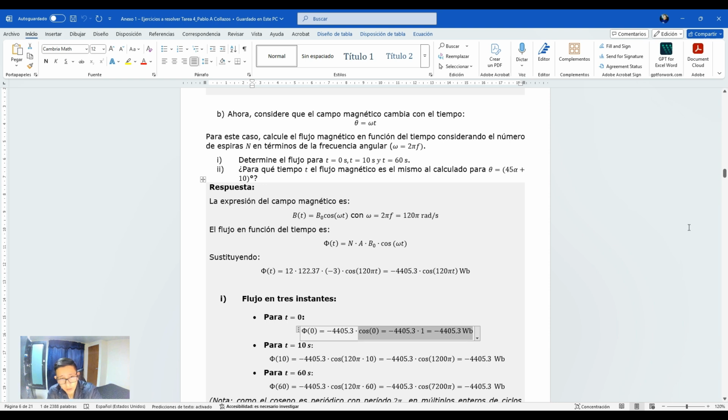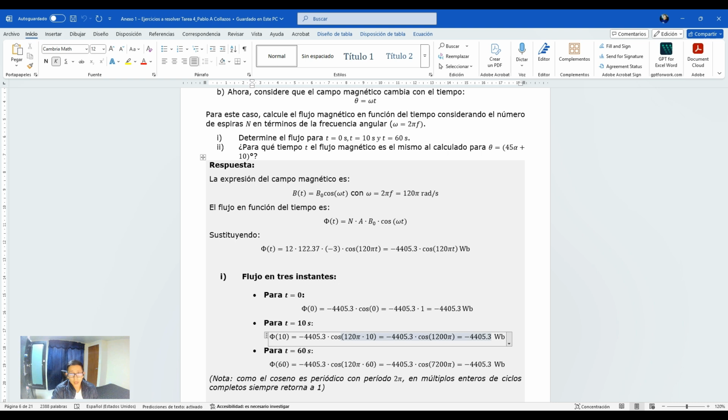At t equals 10 seconds, phi equals negative 4,405.3 times cosine of 1200 pi, and the cosine of a multiple of 2 pi equals 1, so again negative 4,405.3 Webers.